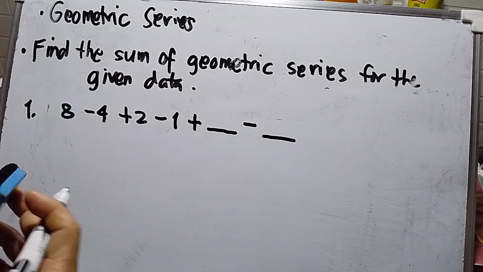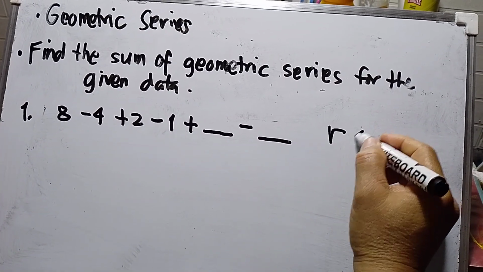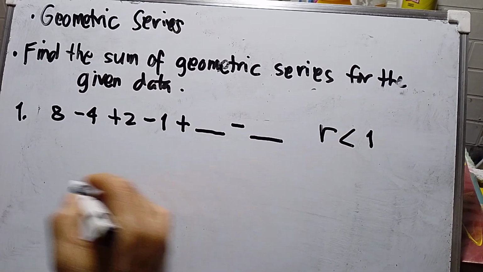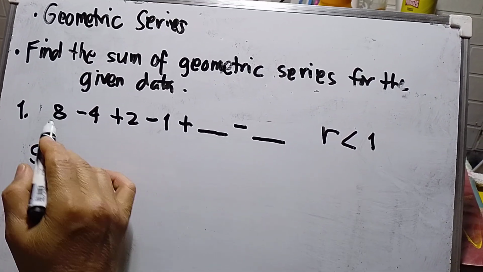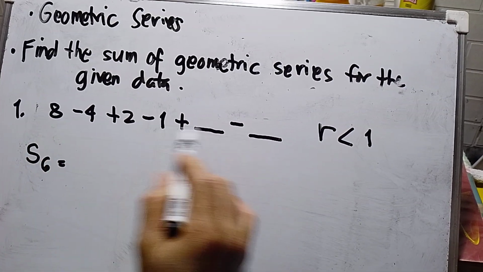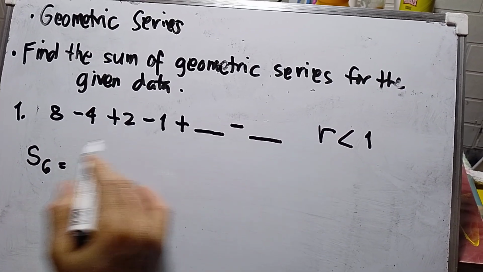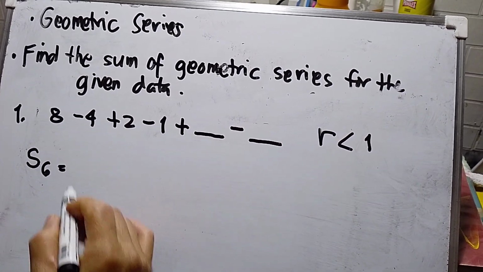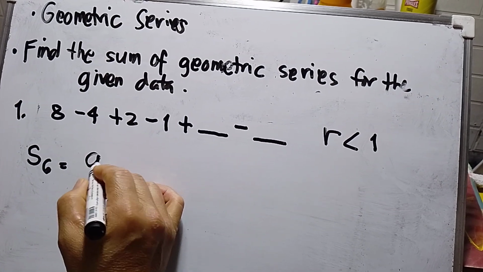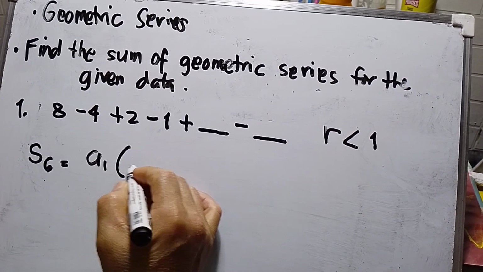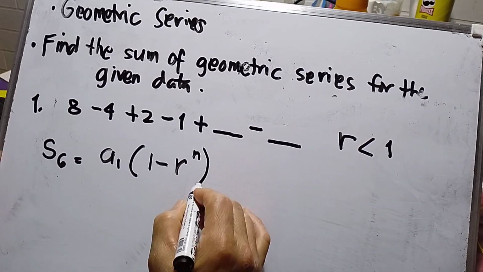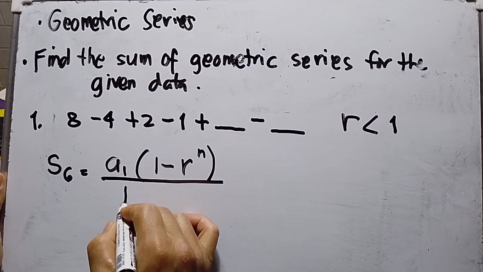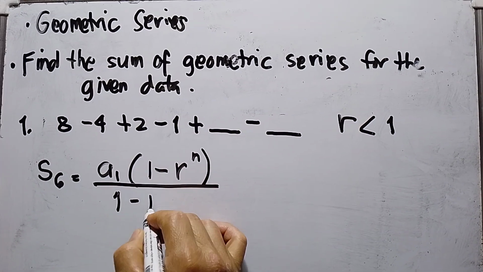So as I said, if R is less than 1, I use this formula for S6, because we need to solve the sum of this series up to 6 terms. So the formula will be a sub 1 times, in brackets, 1 minus r raised to n, all over 1 minus r.